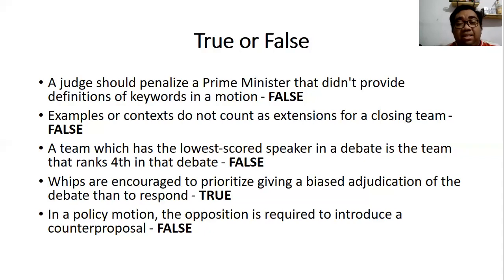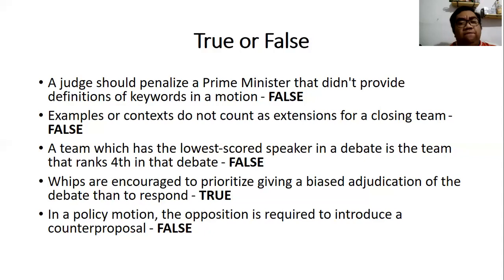It is completely legitimate for an opposition team to say that while we agree that the status quo is problematic, the motion is going to bring more harm or make the situation worse. So it's much better that we do nothing compared to doing something that only exacerbates the problem or the urgency that is trying to be addressed in the debate.